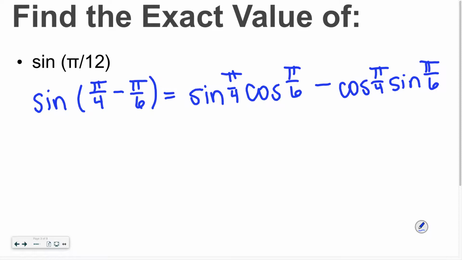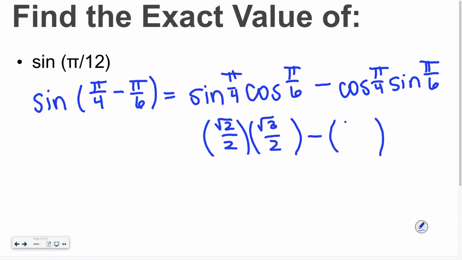Now, can we individually evaluate those trig functions? Yeah. What is the sine of pi over 4? Radical 2 over 2. What is the cosine of pi over 6? Cosine of pi over 4?